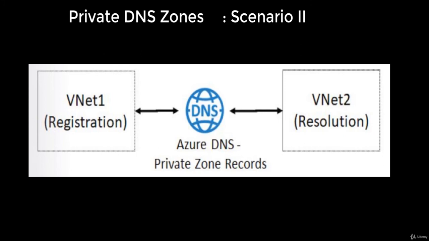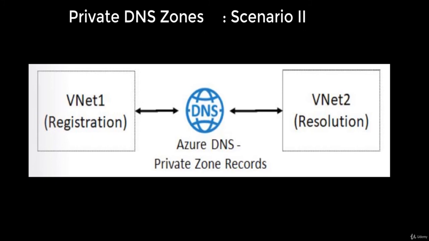With this setup, you will observe that the behavior for forward and reverse DNS queries will change. The first behavior that you will notice is that the DNS queries across the virtual networks are resolved. So a DNS query from a virtual machine in the resolution VNet for a VM in the registration VNet will receive a DNS response containing the private IP of the VM. You will also notice that the reverse DNS queries are scoped to the same virtual network.